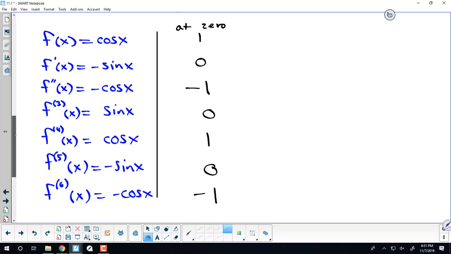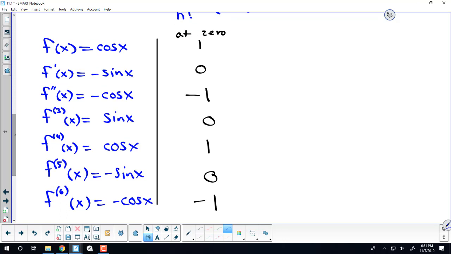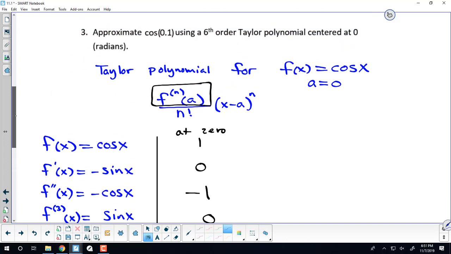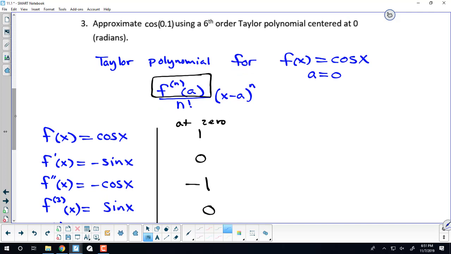Our second term would be 0, so we have to do the coefficient here. The next term is this coefficient 0 over 1 factorial times x minus 0 to the first power, right?